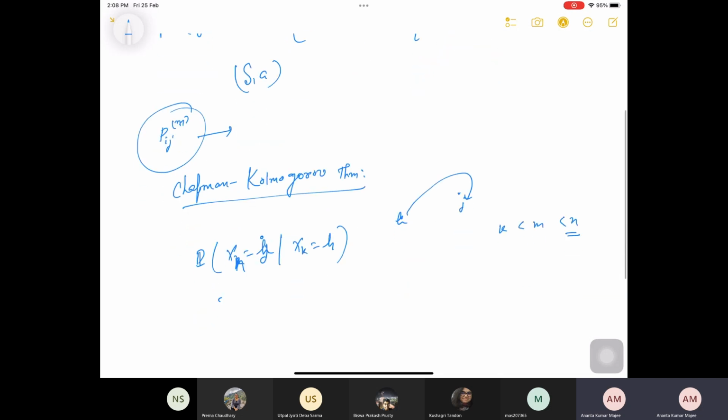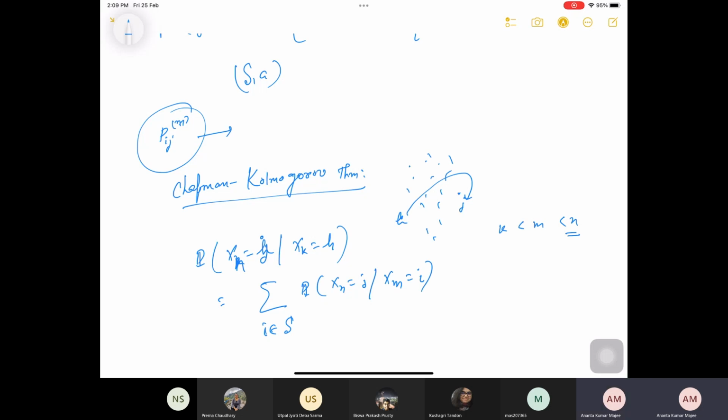What it says is that you can visit, at the in-between step m, all the points in the state space, and then you multiply these probabilities, which gives you the same thing. That is, this is the same as the summation over i in S of the probability of Xn equal to j given Xm equal to state i.